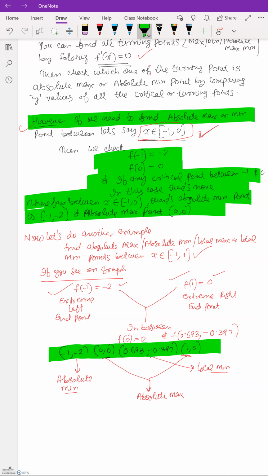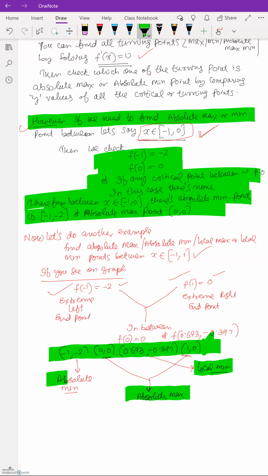We're not checking from negative infinity to positive infinity. The points are (-1, -2), (0, 0), (0.693, -0.397), and (1, 0). Because (1, 0) and (0, 0) are at the same height, and there's no other point above them between -1 and +1, both are considered absolute max points, and (0.693, -0.397) is a local min point.